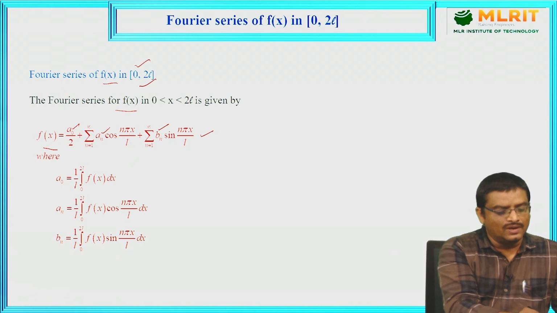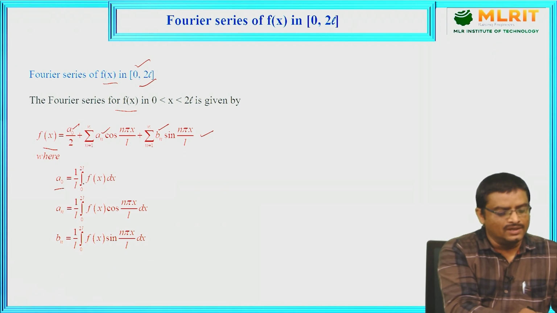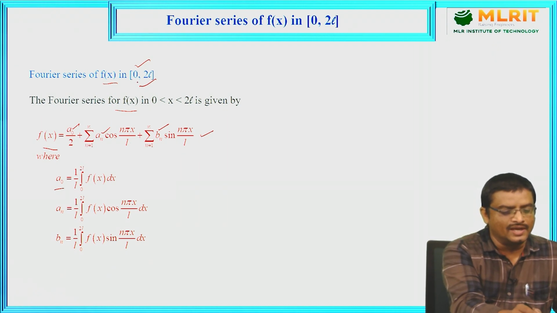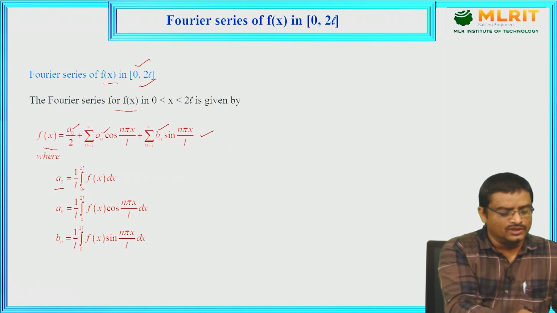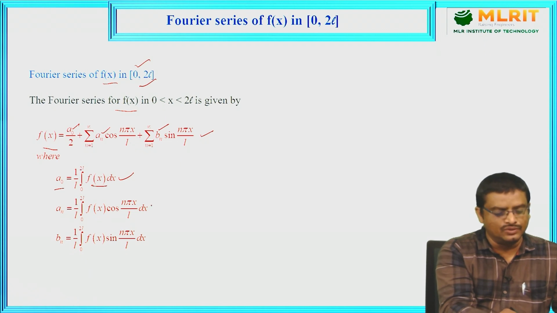Now we will see the formulas to find out the values of a0, an and bn. a0 is given by 1 by l integral 0 to 2l f of x dx, because we are taking the interval 0 to 2l, so we take the integral limits as 0 to 2l. an is equal to 1 by l integral 0 to 2l f of x into cos n pi x by l dx.